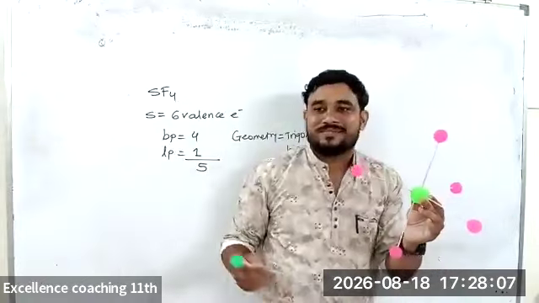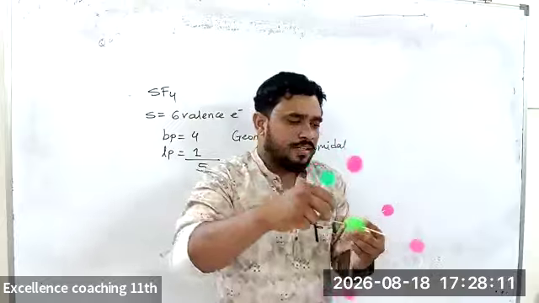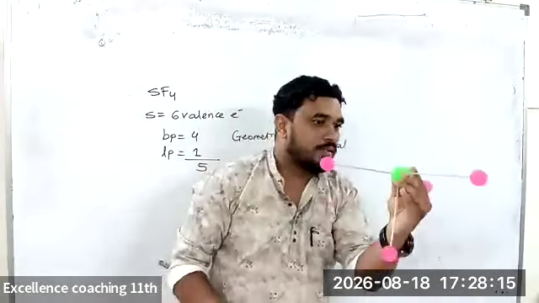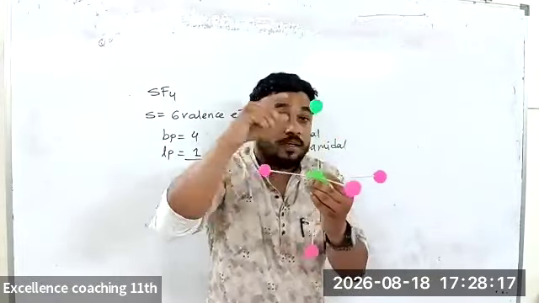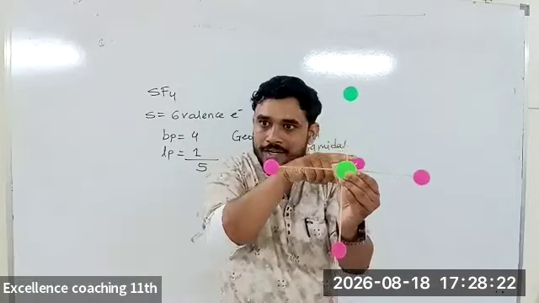Now it becomes difficult. Someone says let's keep it here. So this is the lone pair, this is a bond pair, and this angle is 90.